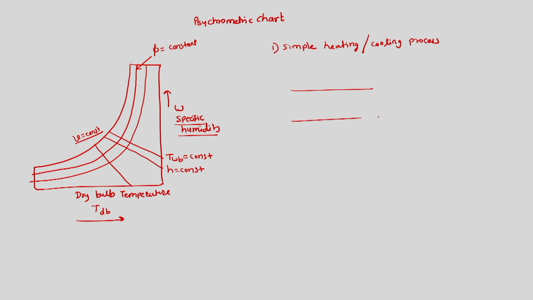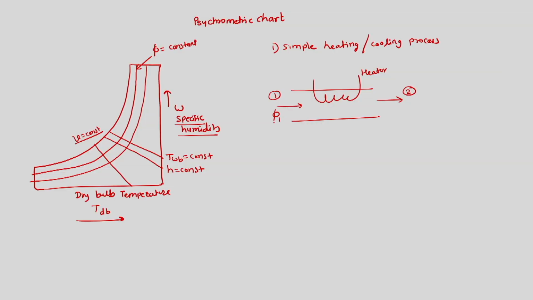Suppose there is a duct, in which there is a heater, so humid air is coming in at state 1 and leaving at state 2. In this case air will get heated, but we have to remember one point: this air will have some omega 1 and some omega 2 at the outlet, and some phi 1 and some phi 2 at the outlet.